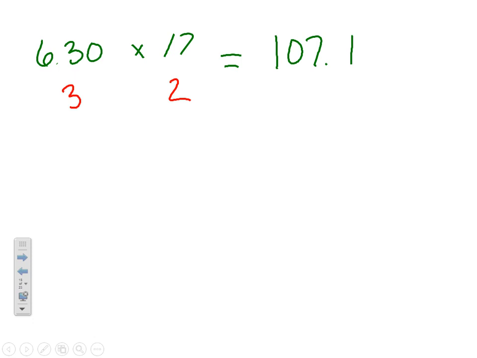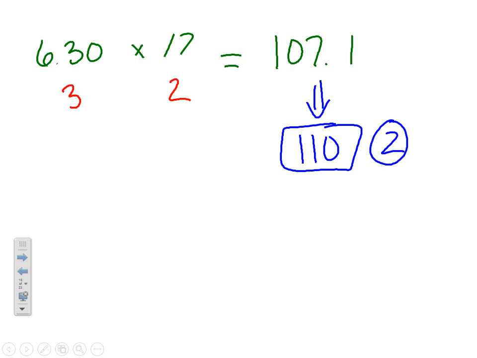You have to make the number into 2 sig figs, so you are going to have to round up or round down. If we have 107, are we going to round up or down? We'll round up to 110. So our final answer here would be 110 because 110 has 2 sig figs. The least amount of sig figs that we had was 2.